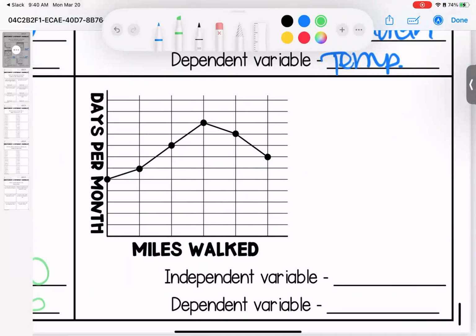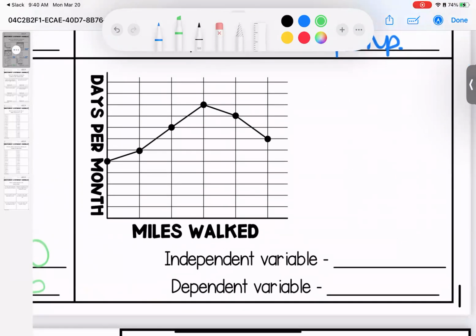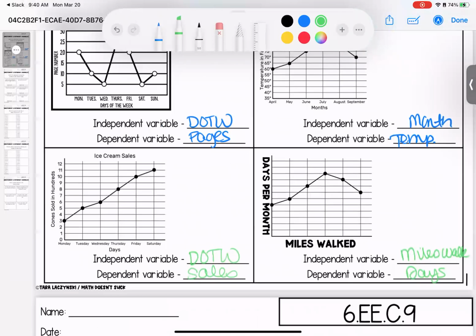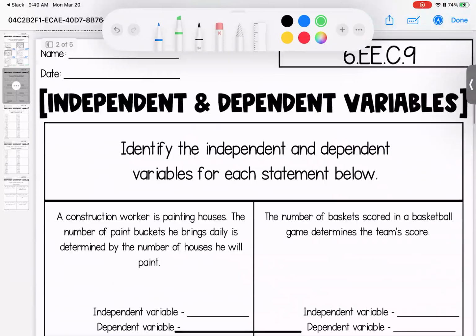All right. The miles walked and the days per month. Well, the miles walked and the days. So the amount of days we have is going to be changed by the miles walked. Any questions on these? Bring them with you to class.